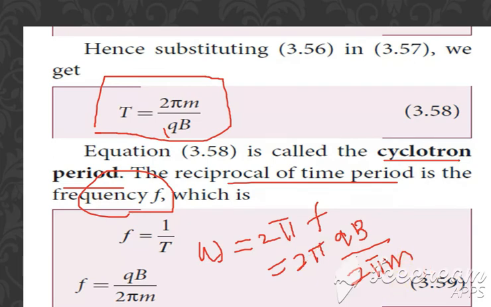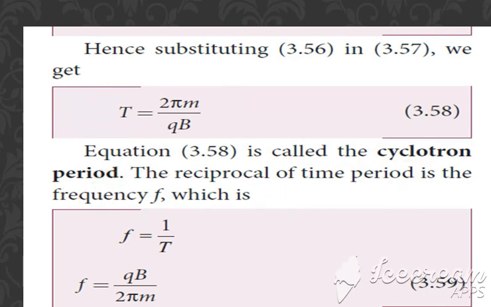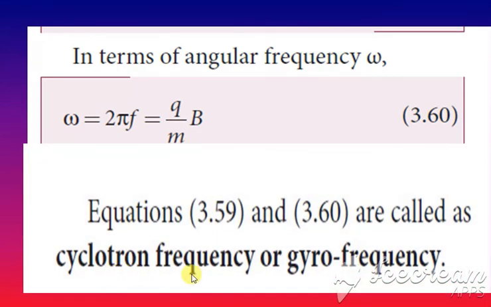So this is the angular frequency of the particle, which you are considering, the cyclotron frequency. So omega is equal to 2 pi f, that is q by m into b. This is called the cyclotron frequency or gyro frequency.